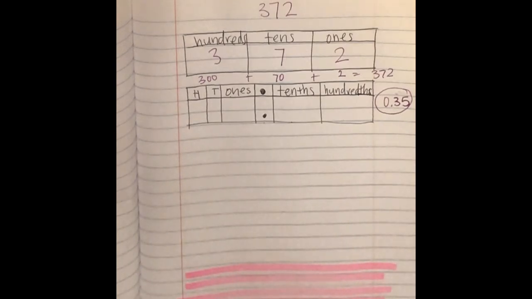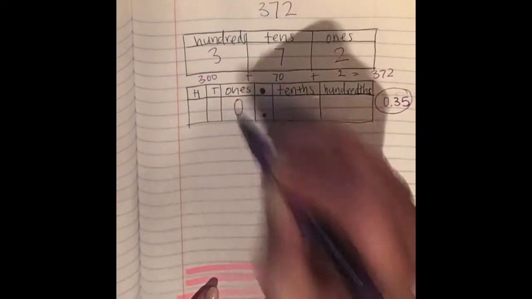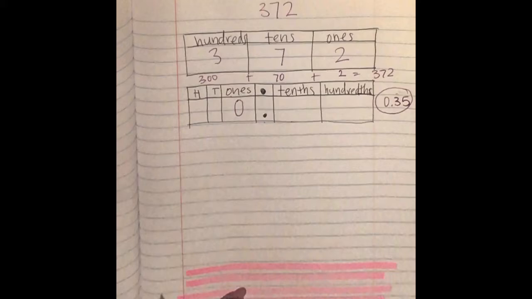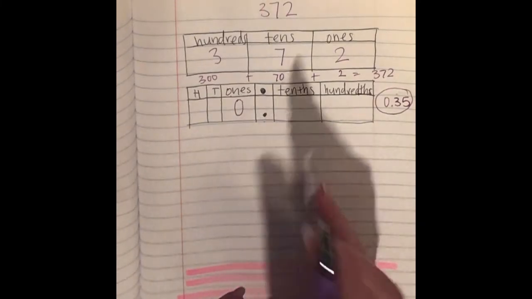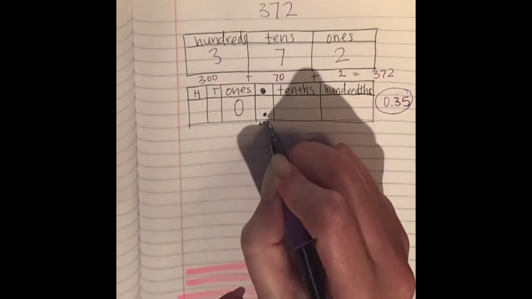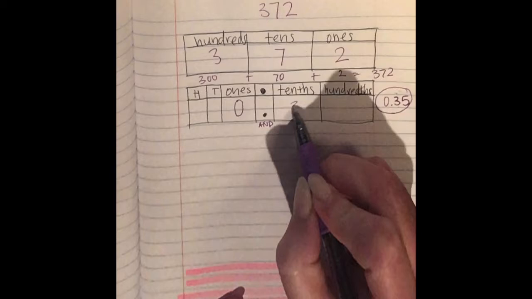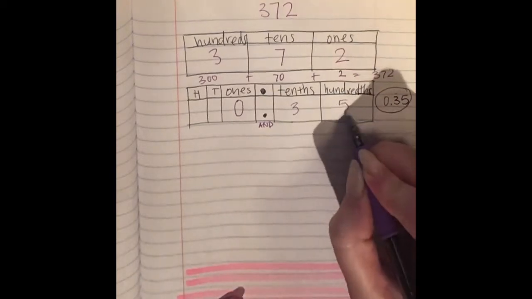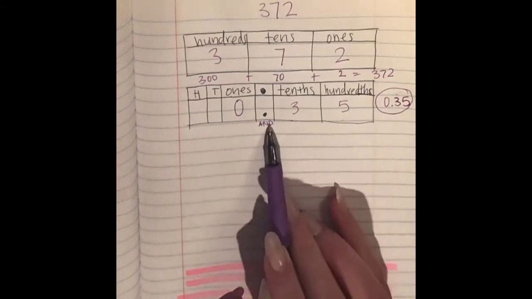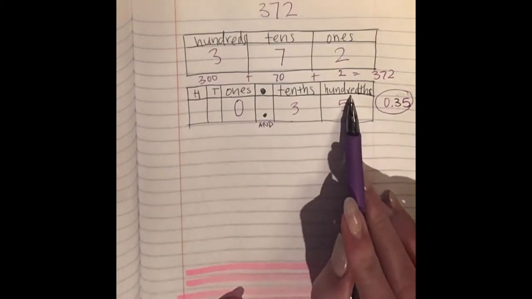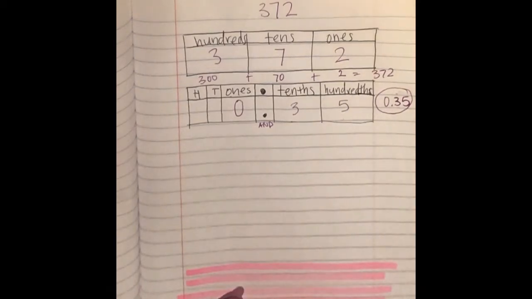No. But when you're working with decimals, even if you have no ones, you have to make sure to put that 0 there. So I have 0 ones, my period. At my period I say and then I have 3 tenths and 5 hundredths. So I would say this as 0 and 35 hundredths. You always say the position that your last number is in.